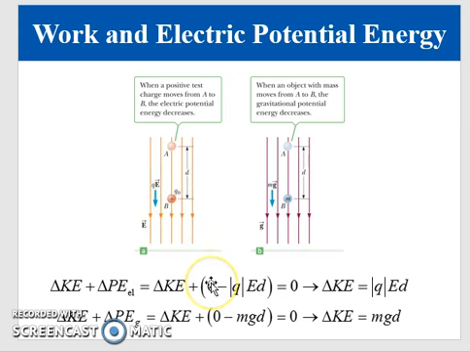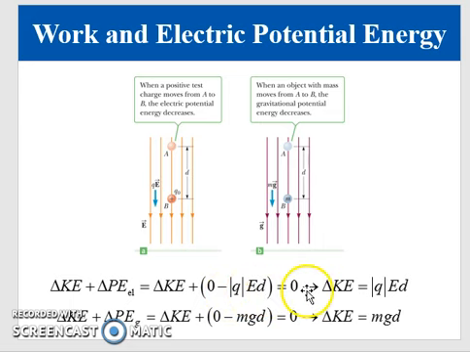Because this is going to be potential energy final minus potential energy initial, okay? So this is going to be zero minus my initial potential energy. So I'm going to set my zero at point B, okay? And A is going to be at a high potential, QED, and when I take the difference between those, the final potential energy and the initial potential energy, I'm going to get negative QED, right?